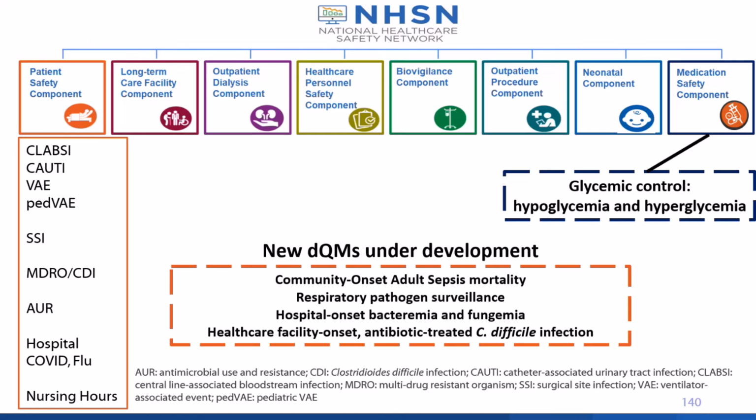NHSN is also developing 2 new glycemic control measures for medication-related hypoglycemia and hyperglycemia, which will be located in the new medication safety component, as you can see in the upper right-hand corner of your screen. We will highlight hypoglycemia later in this presentation.